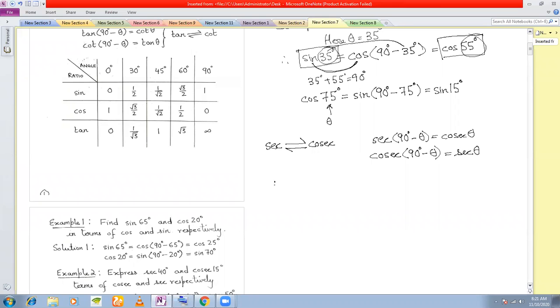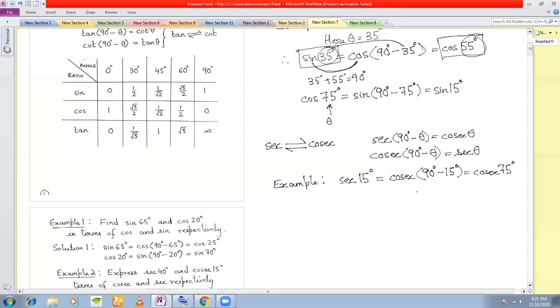Okay, so for example, if I want to express, say, sec 15 degree in terms of cosec, then how will I express it? I'll write cosec because sec can change to cosec, and then this angle here, I'm going to subtract from 90 degree, so that I'll get cosec 75 degree.